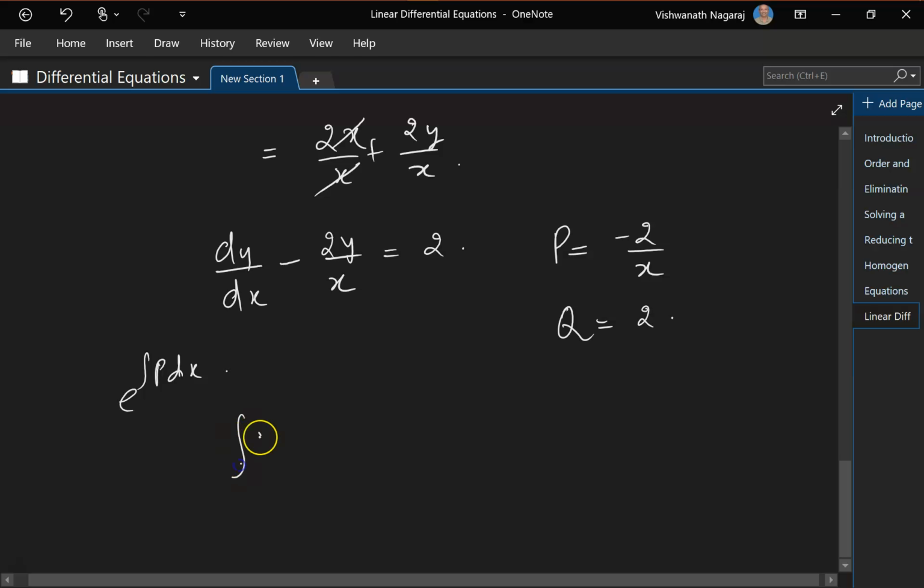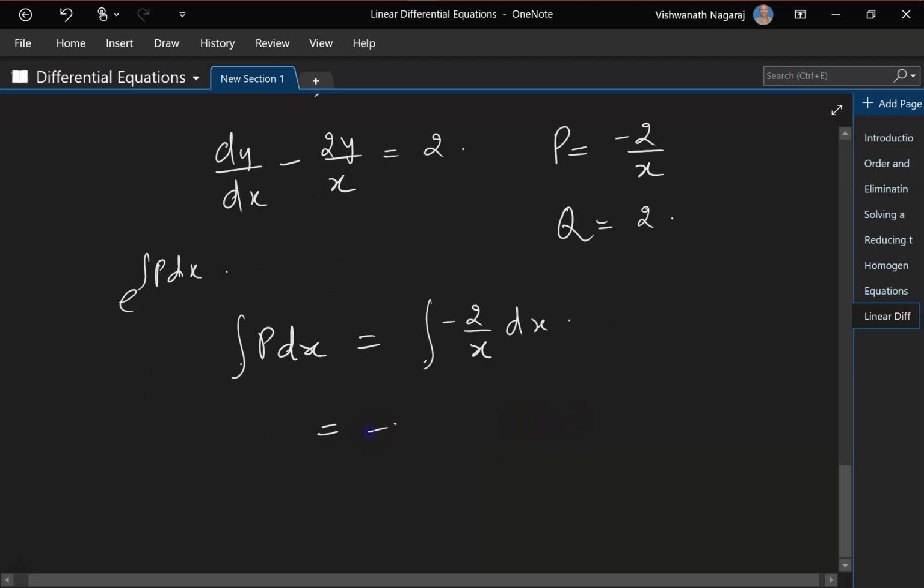So first let's evaluate the integral of p dx, which is the integral of minus 2 by x dx. We can take the minus 2 out, leaving 1 by x.